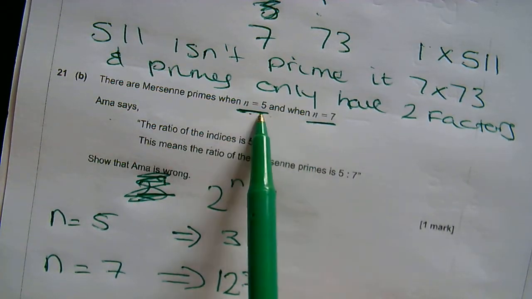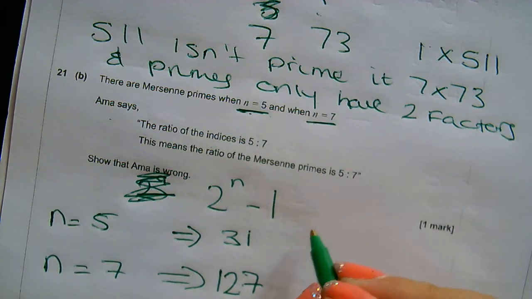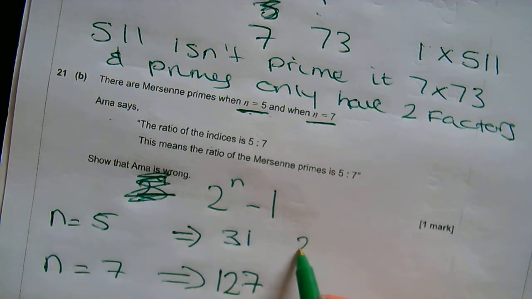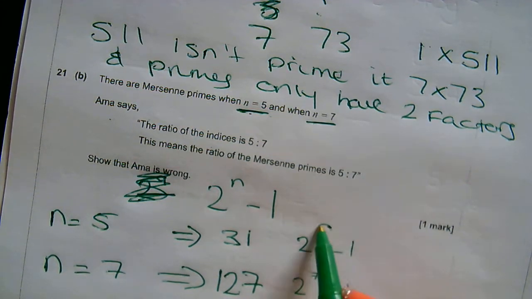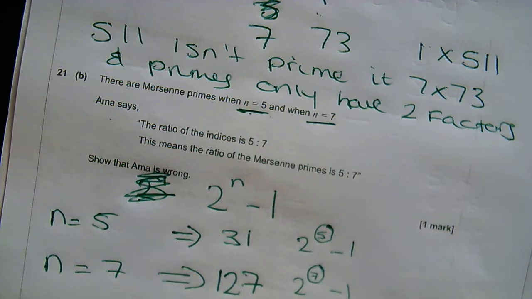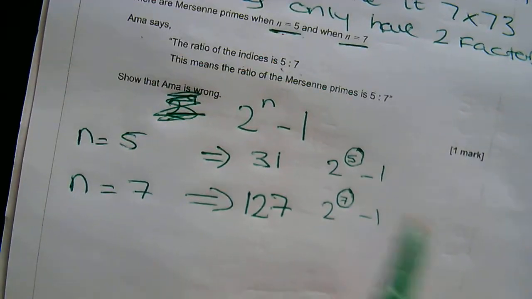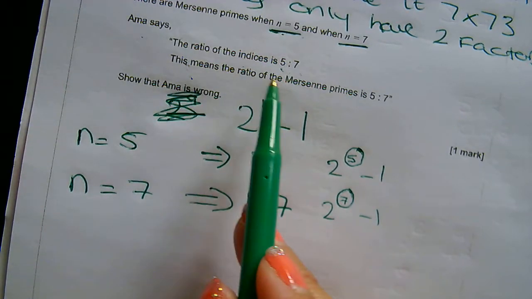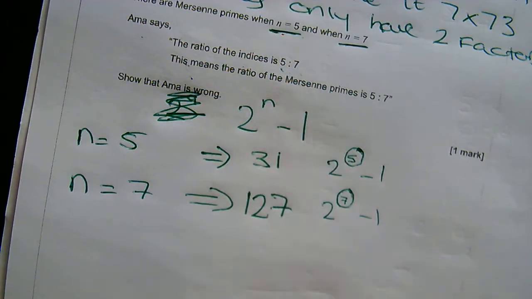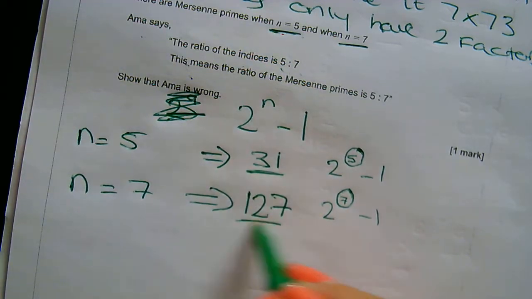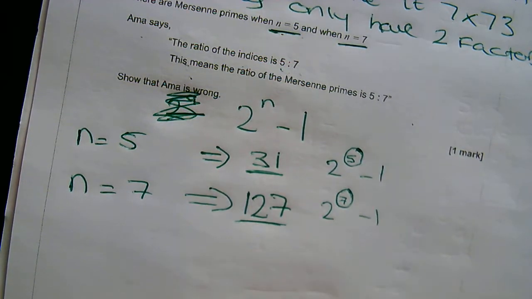So obviously when we put 2 to the power of 5 minus 1 and 2 to the power of 7 minus 1, the indices, that's that bit there, are in the ratio 5 to 7, which is true. This means that the ratio of the actual n primes, so these are the Mersenne primes, that's in the ratio of 5 to 7.